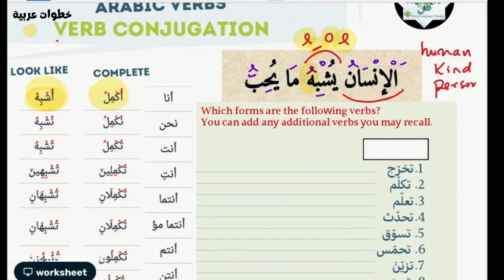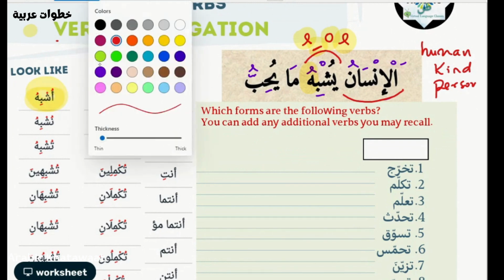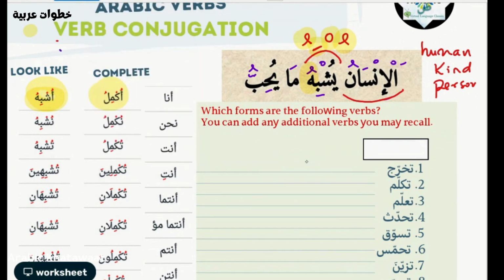So if I want to write, I'd like to determine what is my base form. What I do is I look at the code I have over here. Then this tells me that the verb has an alif.